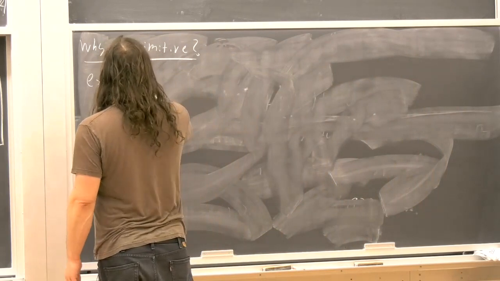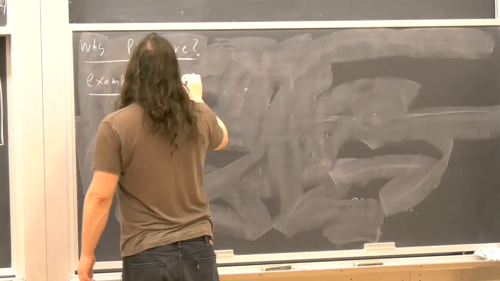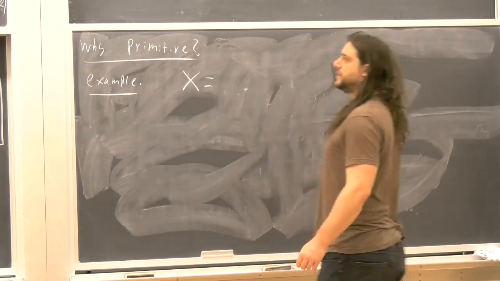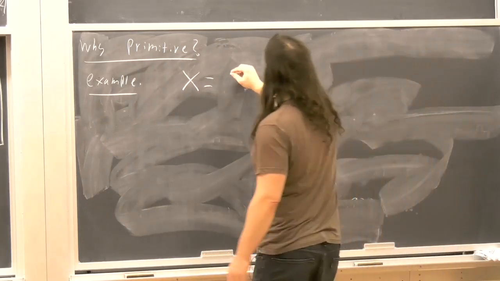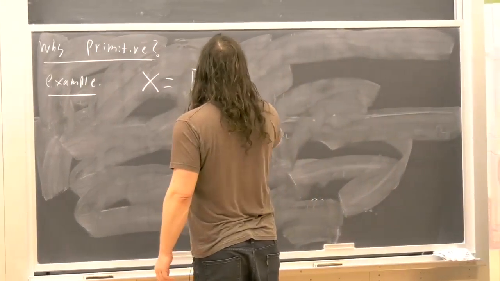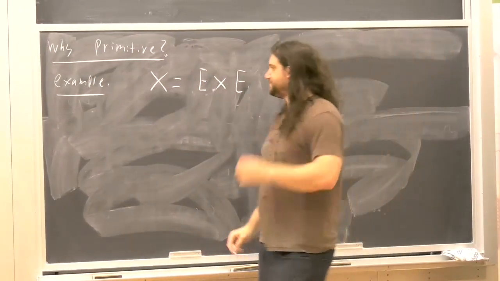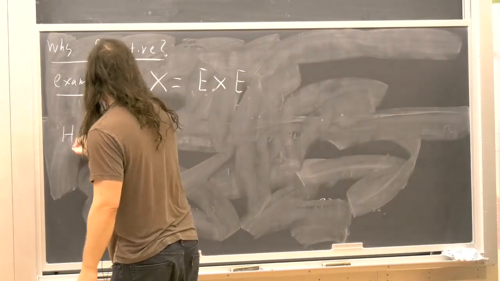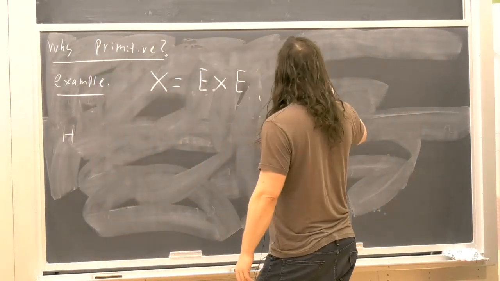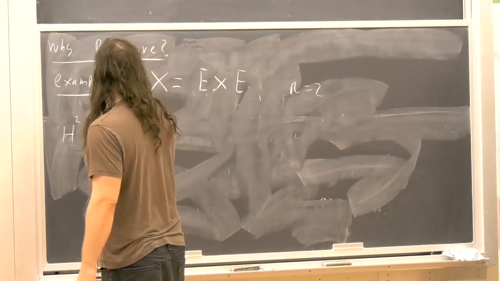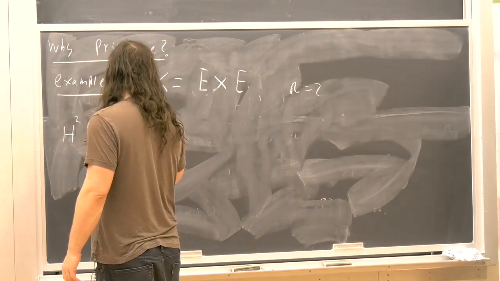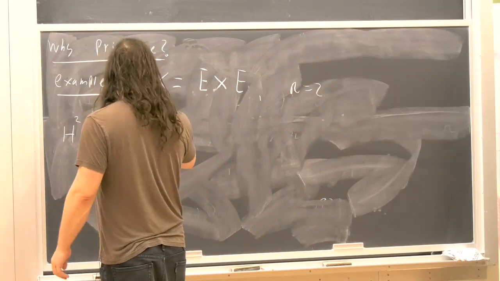As an example, let X be not the elliptic curve from before, but something pretty similar. Let's let X be E cross E, and let's let n equal 2. Let's consider H2 of X, and let's even look with Z coefficients.